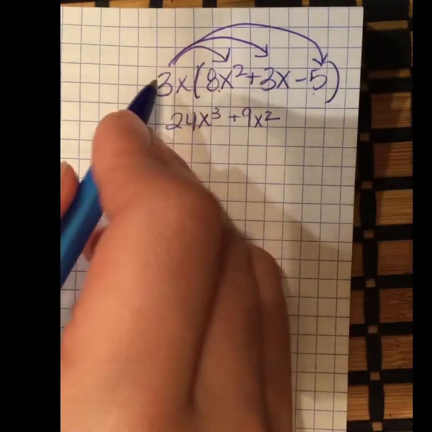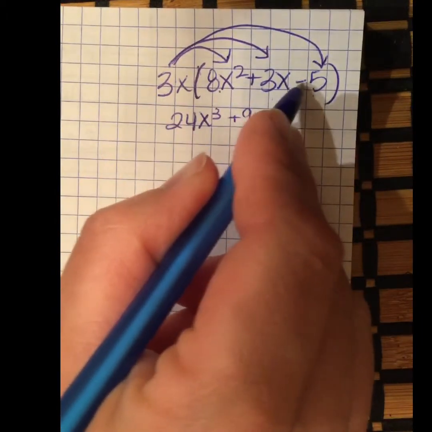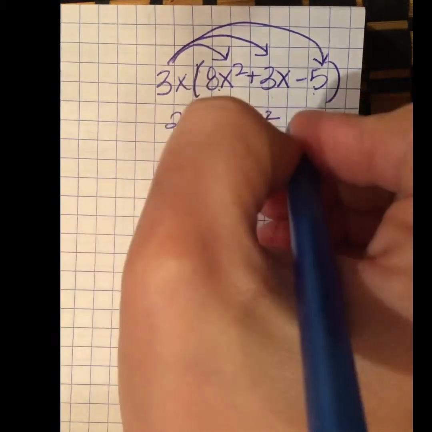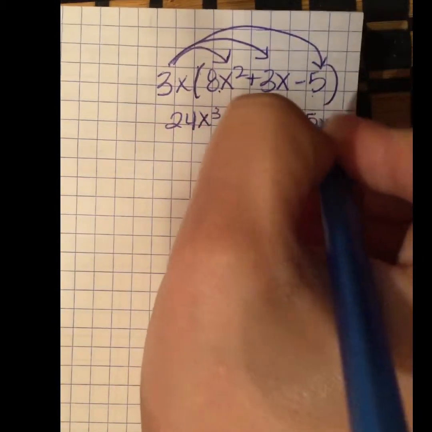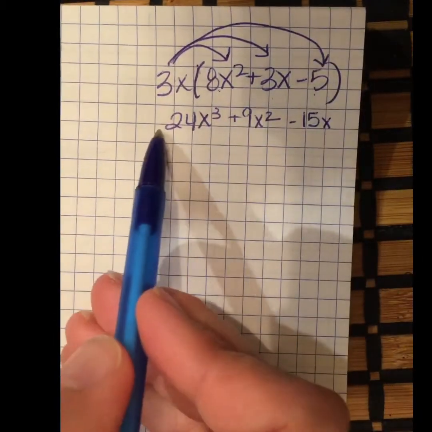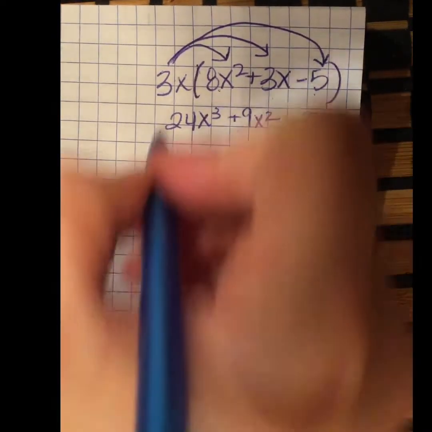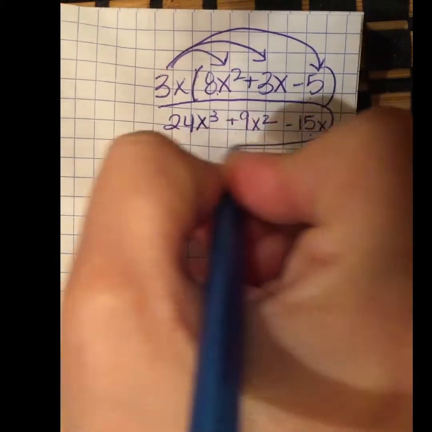Pass it out again, and you would get negative, watch out for these negatives, negative 15x. Always do a final glance over, make sure there are no like terms, which we're good here.